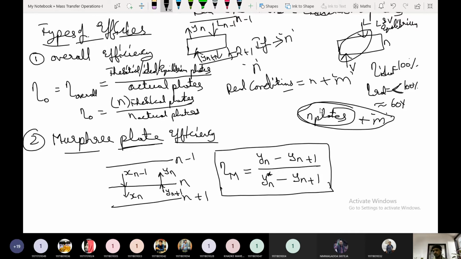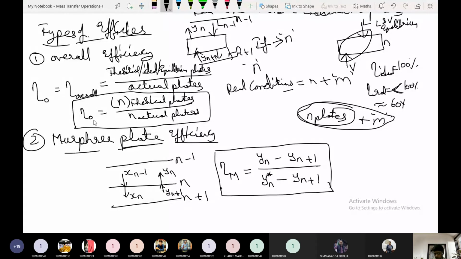So in order to account for this deviation between actual and ideal plates, we need an efficiency that is called the overall efficiency. Eta naught is equal to the number of plates calculated theoretically, or ideal or equilibrium stages, for the desired degree of separation, divided by the number of actual plates required for the desired degree of separation.